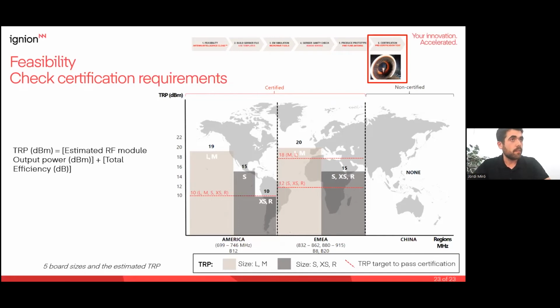With the estimated RF module output power, for example, power class 3 or power class 5, which is 23 dBm or 20 dBm, you can assess your performance. You can estimate whether you will fulfill the design recommendations and certification requirements, and you can make go or no-go decisions from the early stages of your IoT design cycle.